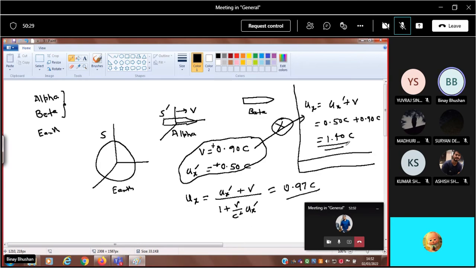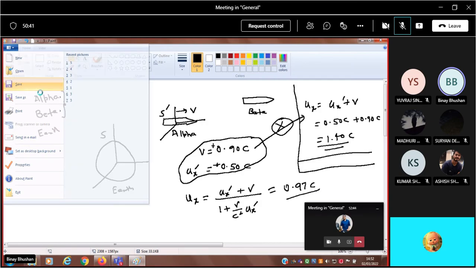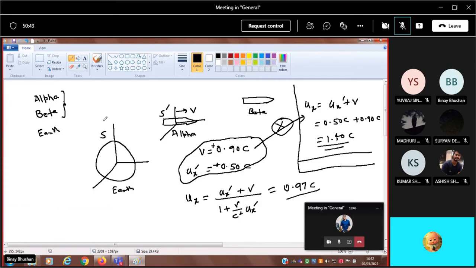So we have to use STR here. And if we use STR, then ux is definitely less than c. Yuras, got the point? Yes, sir.